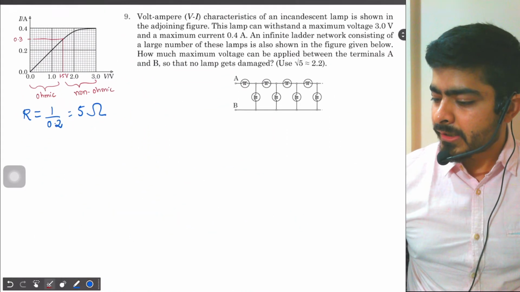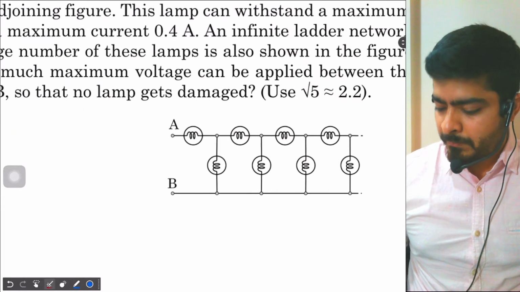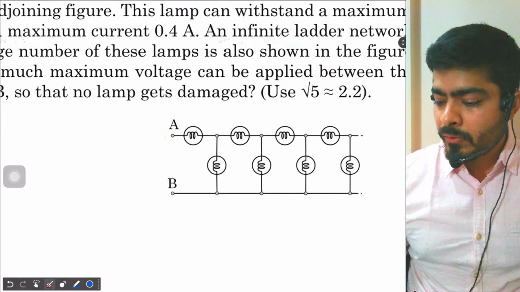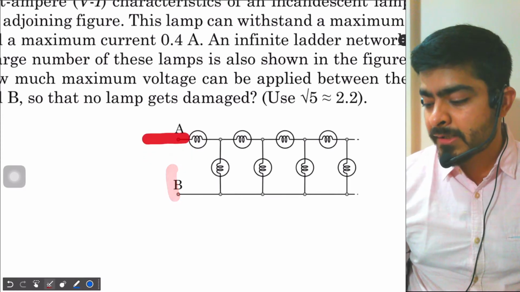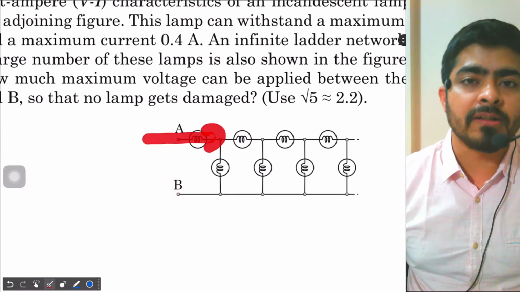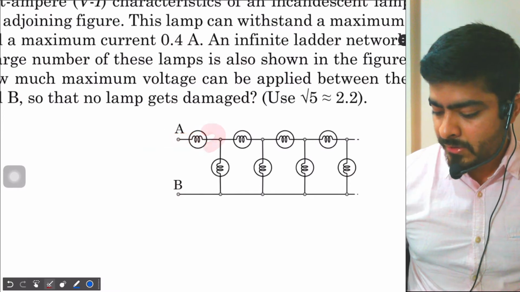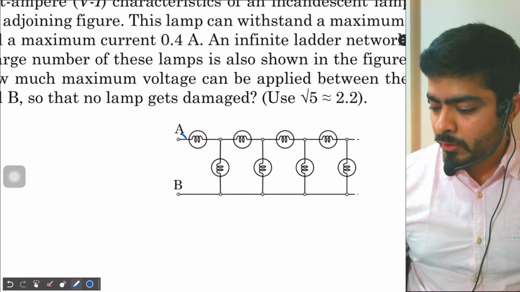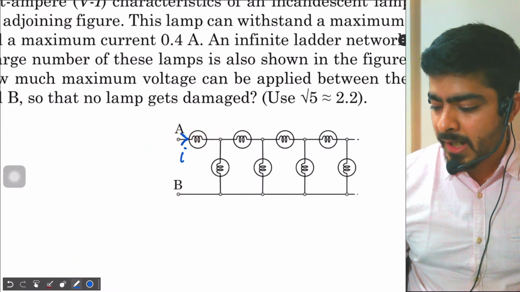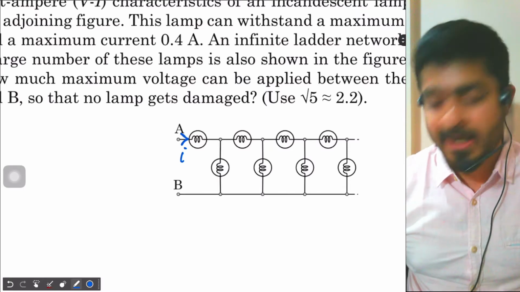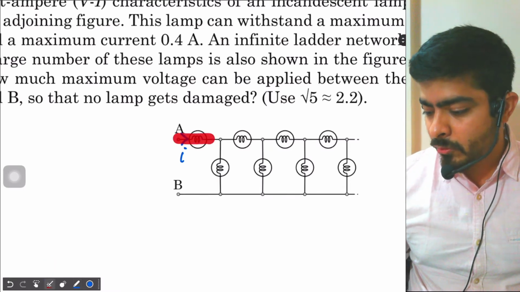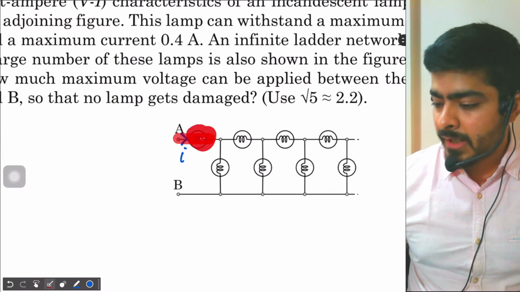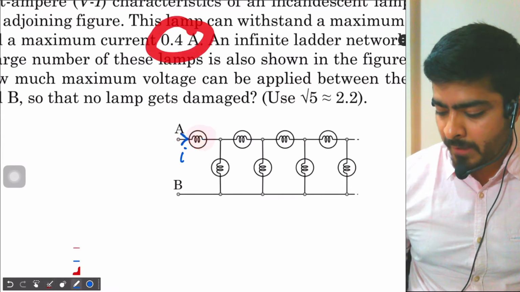in this circuit you have to provide the maximum possible voltage, and therefore the maximum possible current should flow through the circuit. So if the current flowing through this point over here is I, and I can be maximum, the maximum current that can flow through this lamp, that is given in the question to be 0.4 ampere.